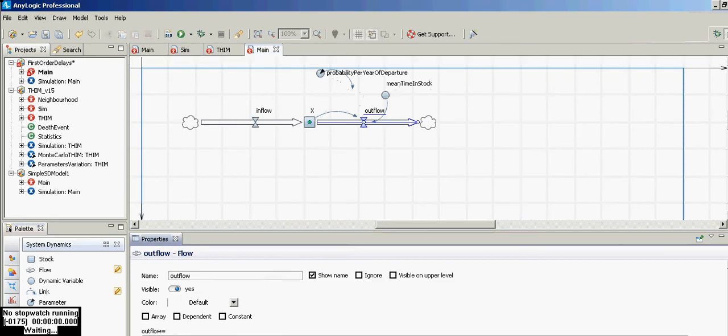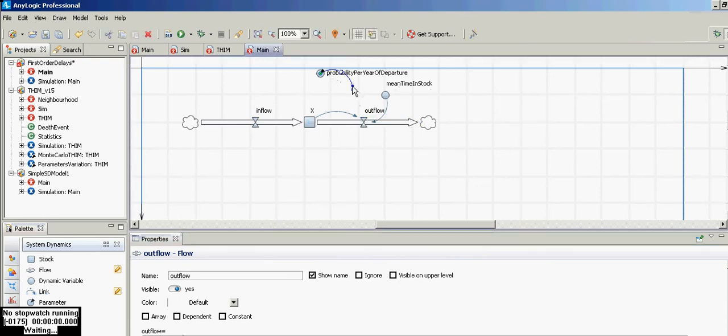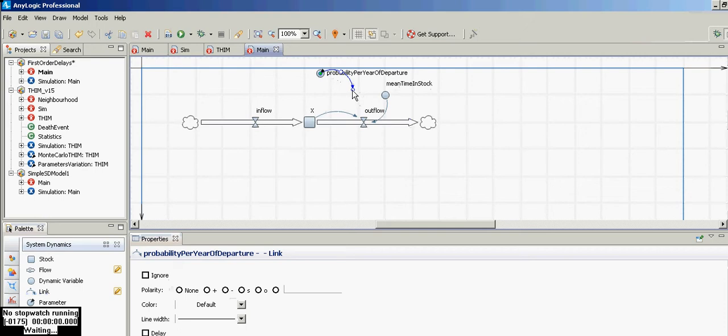It'll depend on the probability per year of departure. Give me a formula for mean time in stock in terms of the probability per year of departure. Yes, the reciprocal of it. 1 divided by probability per year of departure.